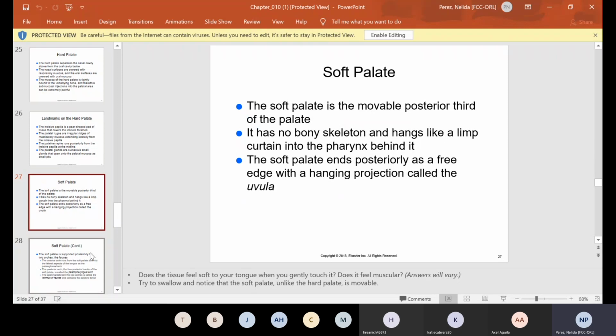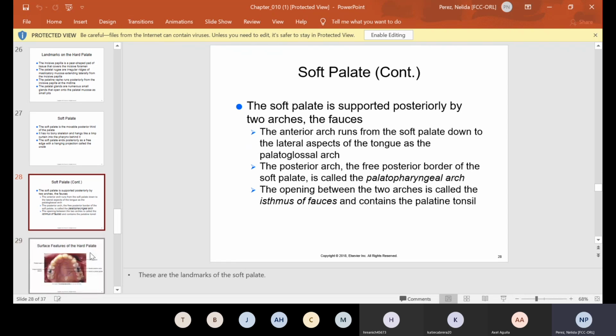We also have a soft palate. It's the movable posterior third of the palate. It has no bony skeleton and hangs like a limp curtain into the pharynx behind it. The soft palate extends posteriorly as a free edge with a hanging projection called the uvula. And I'll be showing you pictures in a second. The soft palate is supported posteriorly by two arches, the fauces.